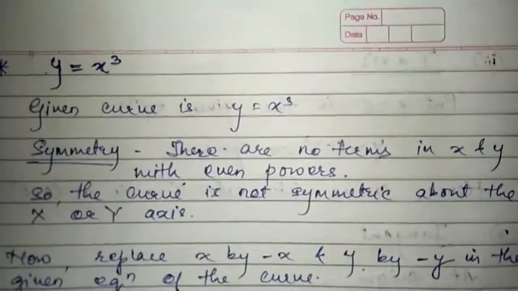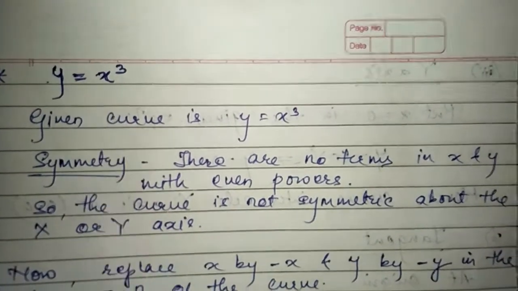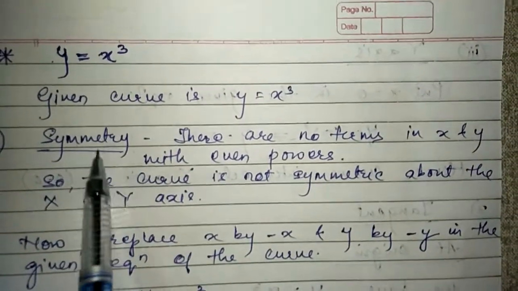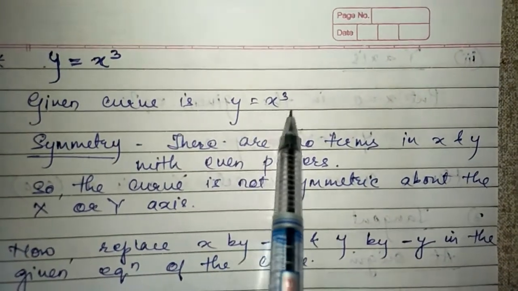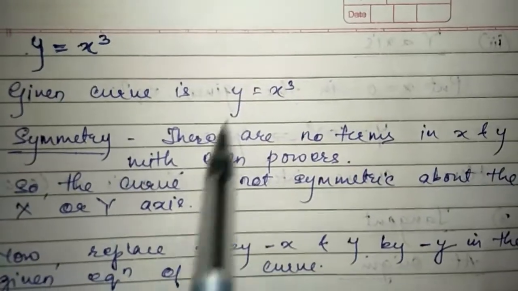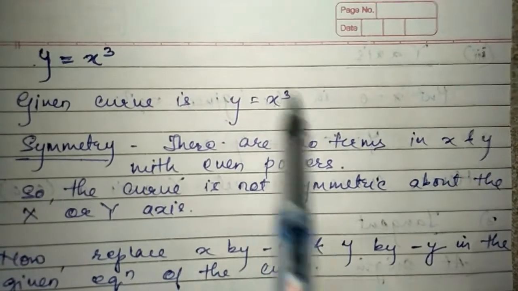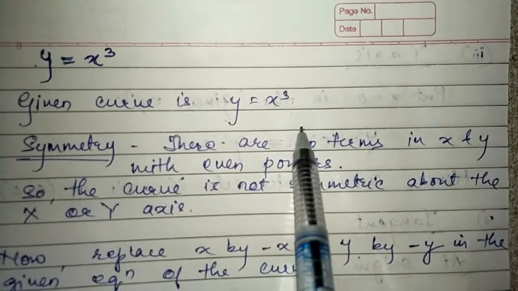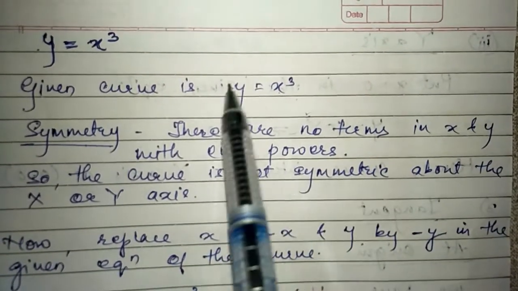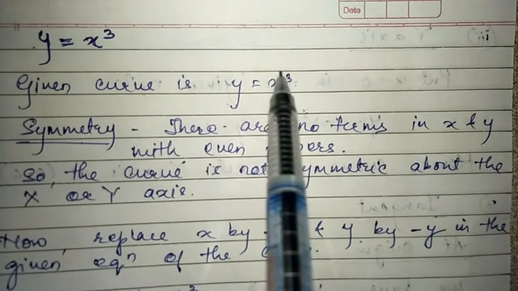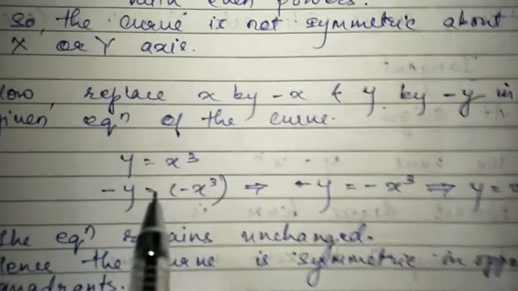Now, we'll see an example. The equation of the curve is given as y is equal to x cube. Now, symmetry. We can see here there are no terms in x and y with even powers. The power of y is 1 and that of x is 3. So, the given curve is not symmetric about either the x-axis or the y-axis. Now, if we replace y by minus y and x by minus x, then what will be the equation?